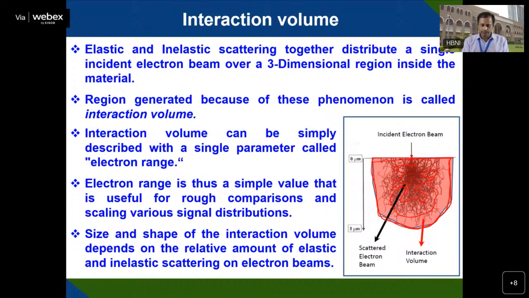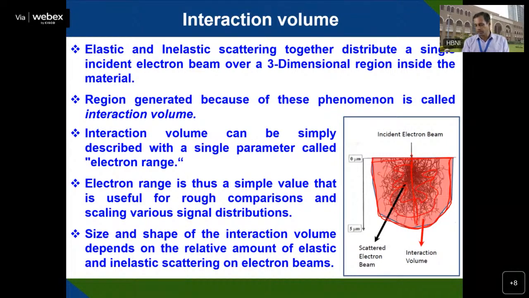Both elastic and inelastic scattering together distribute a single incident electron beam over a three-dimensional region called the interaction volume. This interaction volume can be simply described by the electron range, that is, up to what path length the electron can move. The electron range is simply a value that is useful for rough comparison and scaling of various signal distributions.